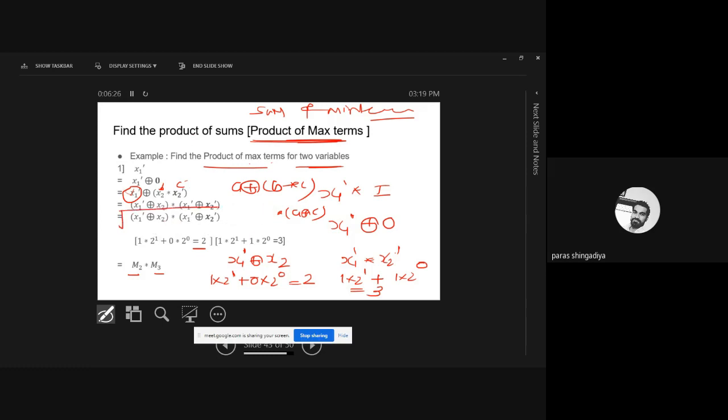Why is it called product of the sum? Because in both the brackets we have a sum of the two variables, and outside the operation is a product of both the brackets. So it is called product of the sums of the two variables. Another name for that is product of the sum.